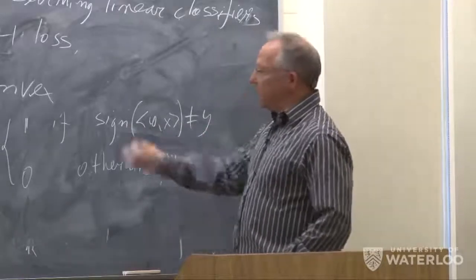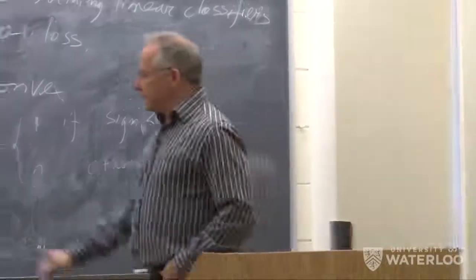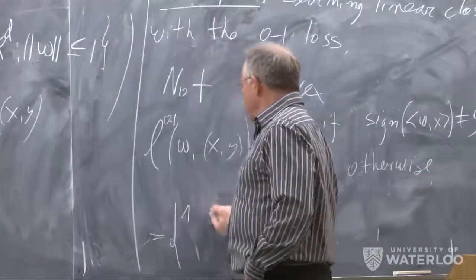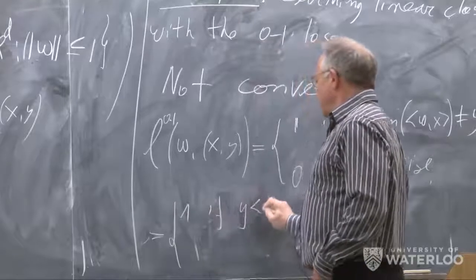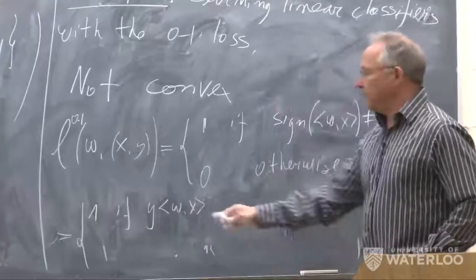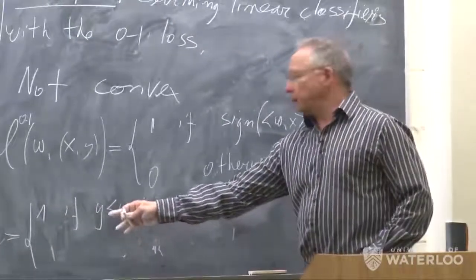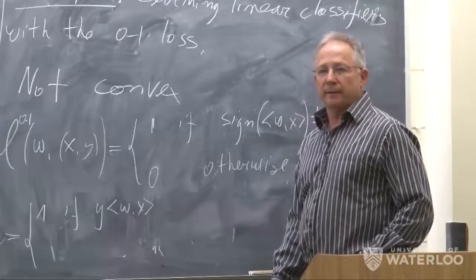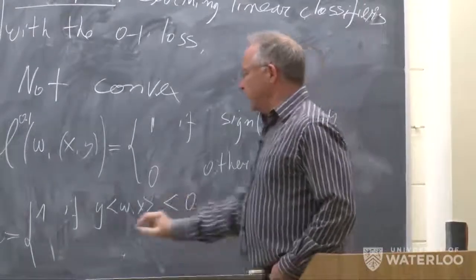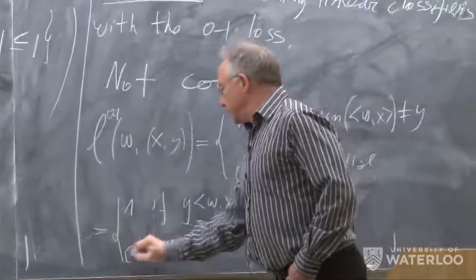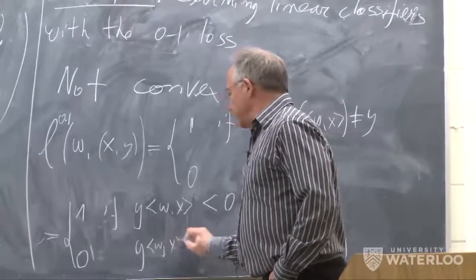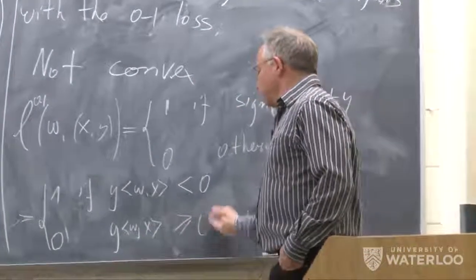And we can also write it as 1 if y times wx, if they don't have the same sign, what do I know about the multiplication of y with wx? It's negative, less than 0, and it's 0 if y times wx is greater or equal than 0.